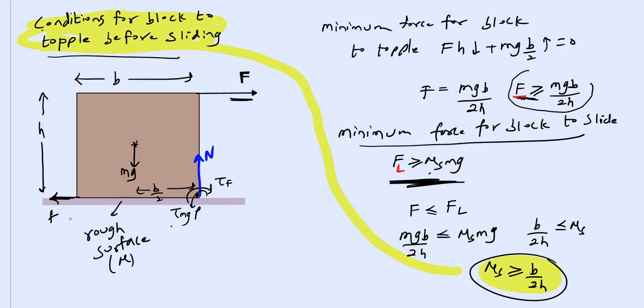Similarly, the condition for the block to slide before toppling: mu s should be less than b by 2h.